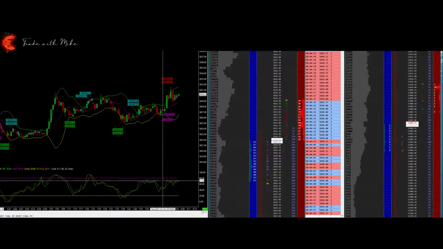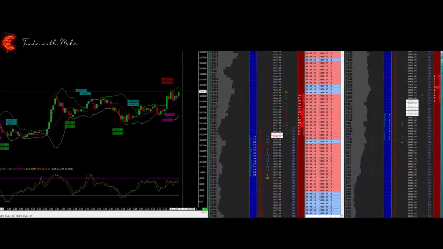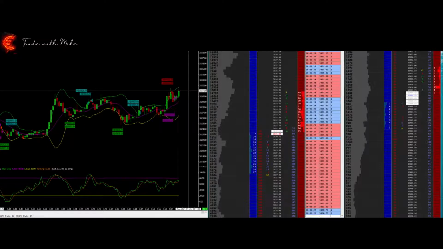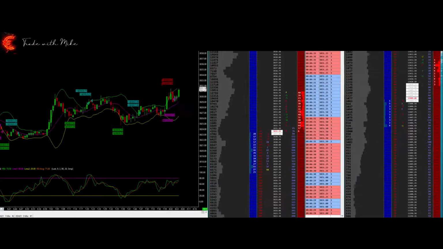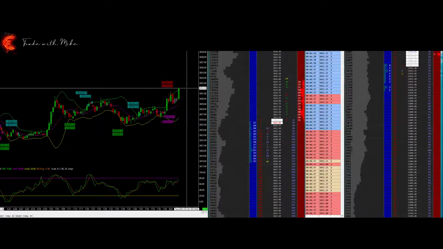See here, the RSI almost makes the same level, but here the price, divergence could be. Alright, the price goes up.